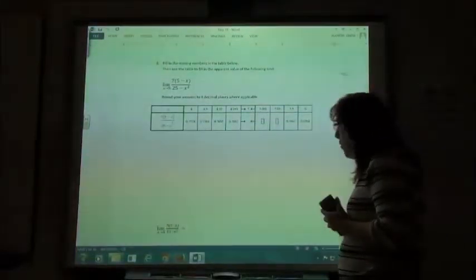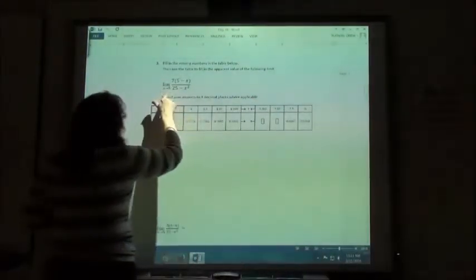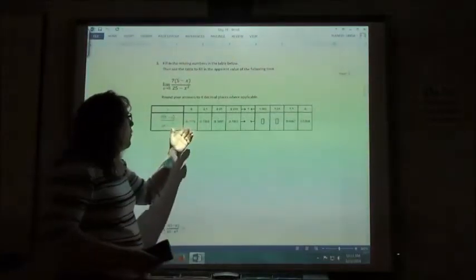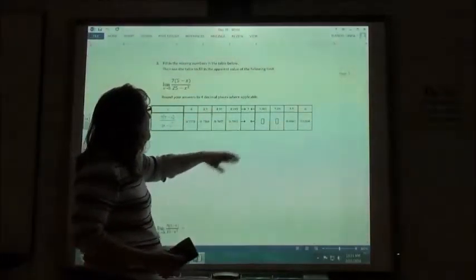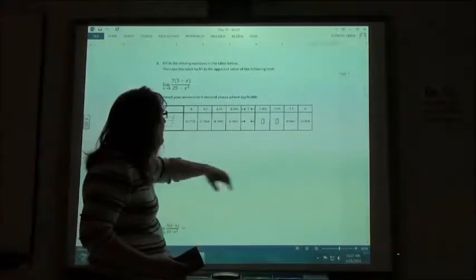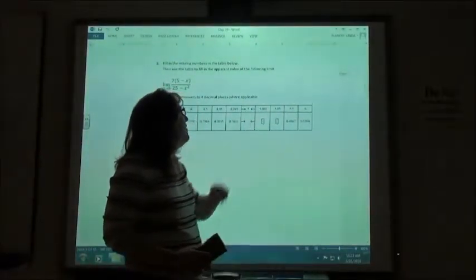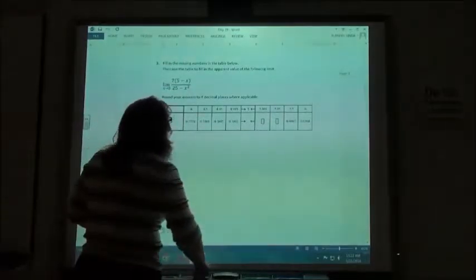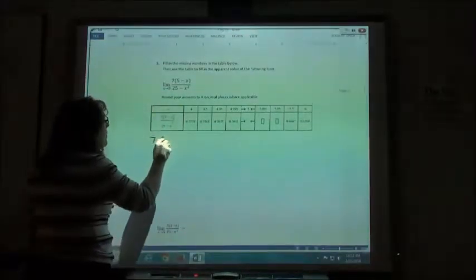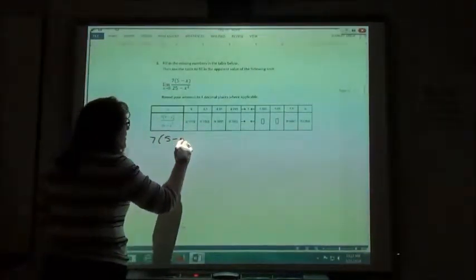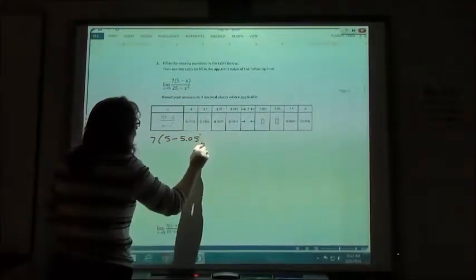Number 3, we are going to find our limit as x approaches 5. So they did 4, 4.5, 4.95, 4.999, and then they did 6, 5.5. We're going to do 5.05 and 5.001. So 7 parentheses, 5 minus 5.05.